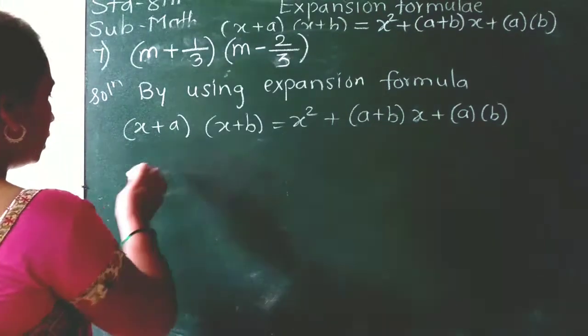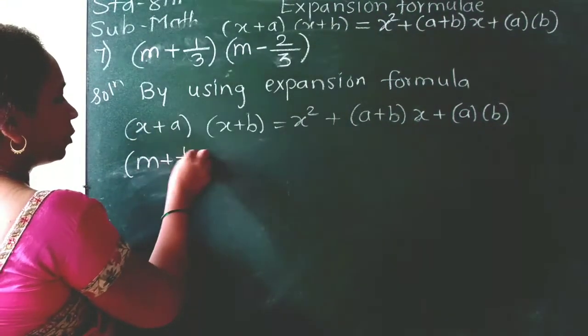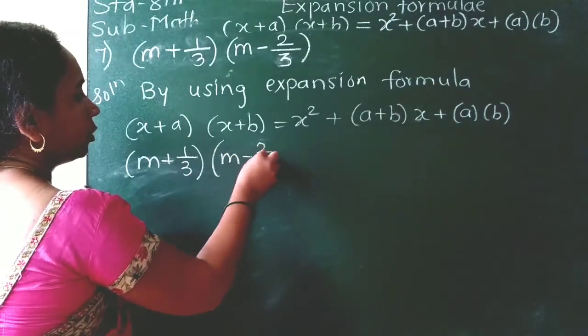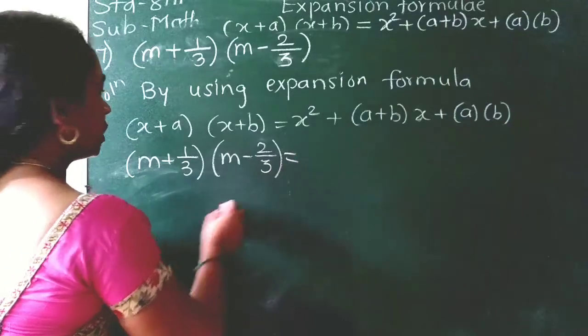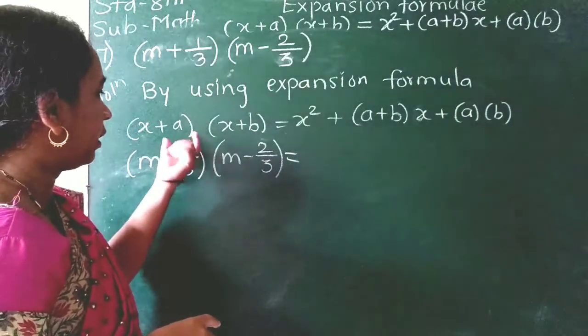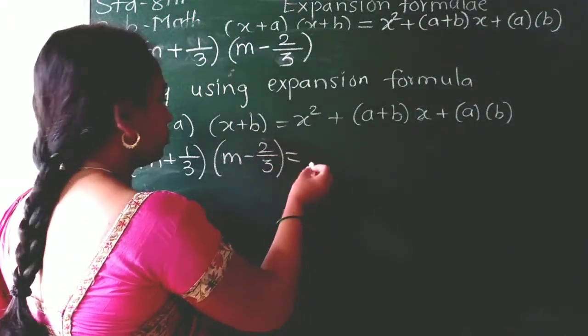Seventh example, in this example, m plus 1 upon 3 into m minus 2 upon 3 is equal to. Here the common term is m, a's value is 1 upon 3, b's value would be minus 2 upon 3.